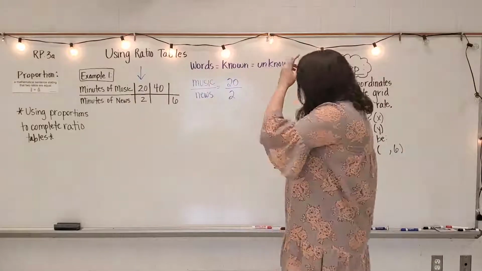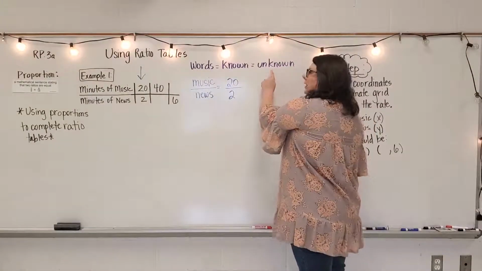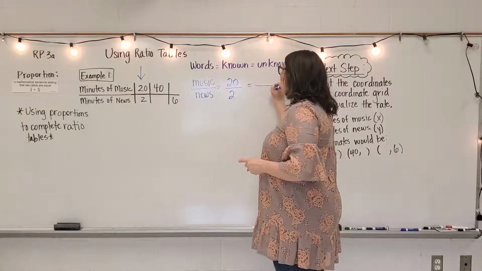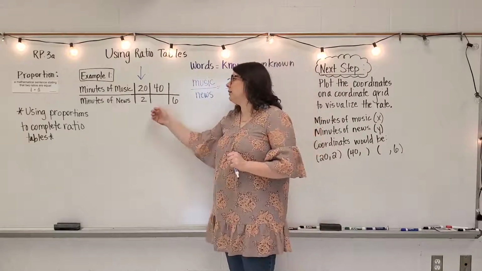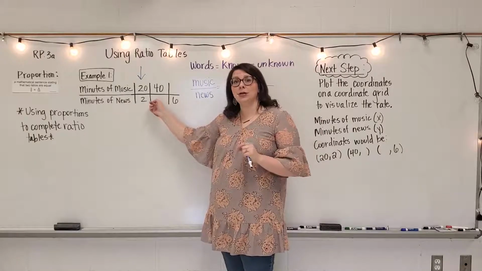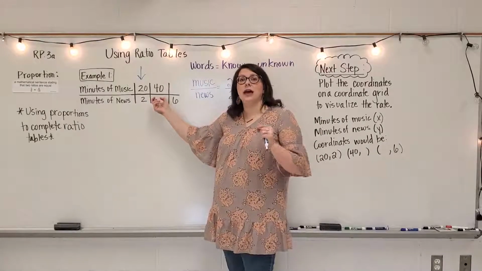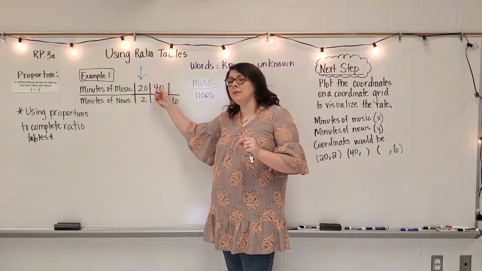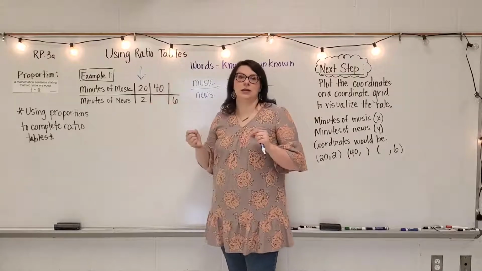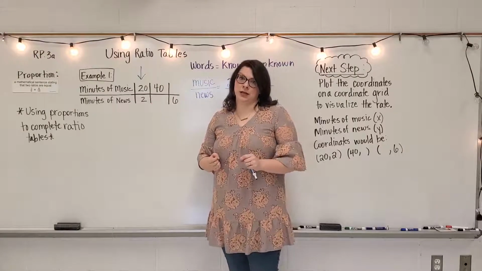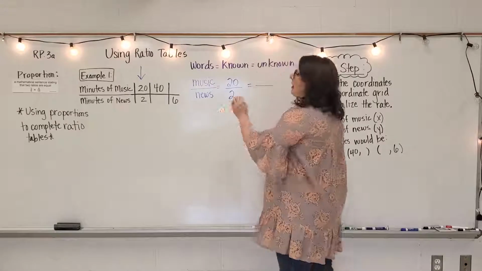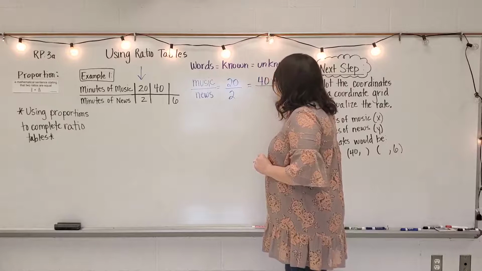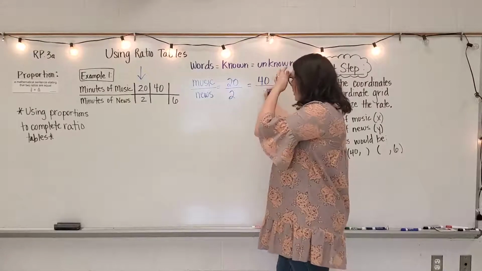Now I'm looking at the unknown. What am I missing? I am looking for how many minutes of news this same person is going to listen to if they are continuing with this rate and they listen to 40 minutes of music. What will the minutes of news be that they are also listening to? So what I'm given is 40 minutes of music. What I'm looking for is the minutes of news.